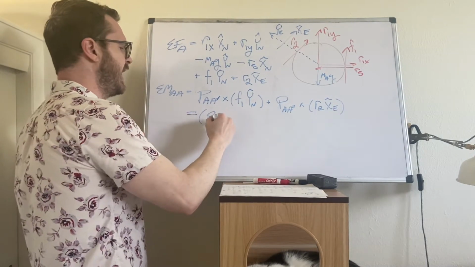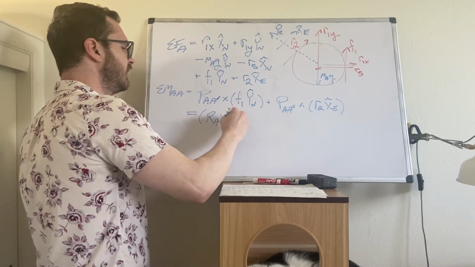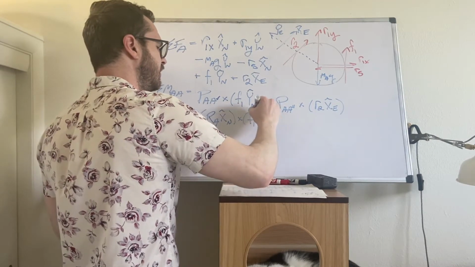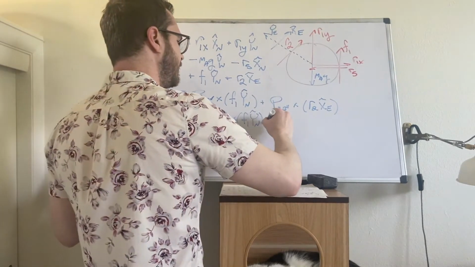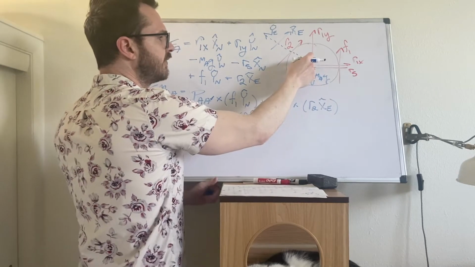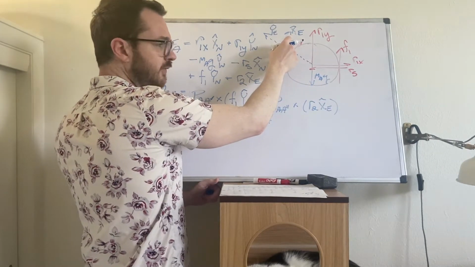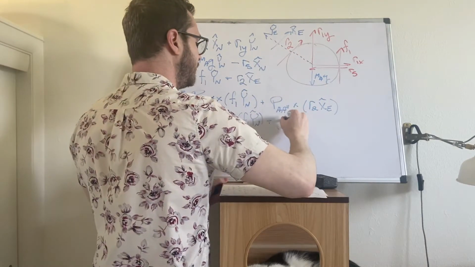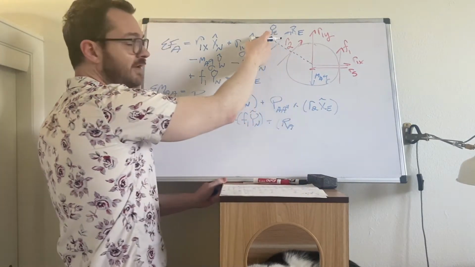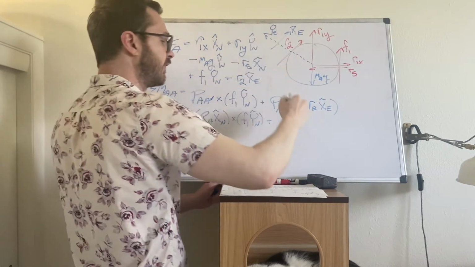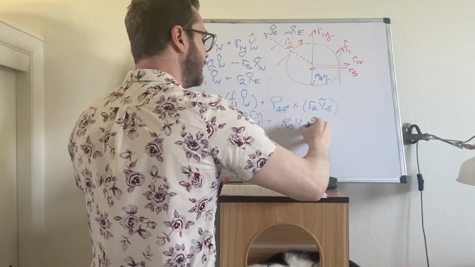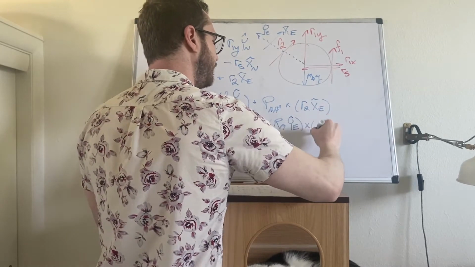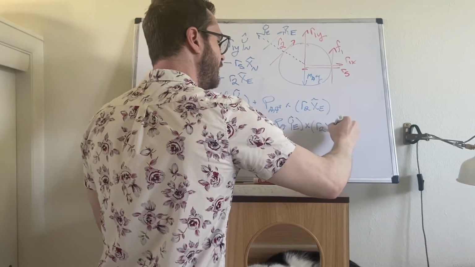So RA in the X hat N direction cross F1 in the Y hat N, plus the position vector from the center to this point, A double prime, which is also the radius A. And we have already defined the E frame, so we can use it. So this is RA YE cross R2 XE.